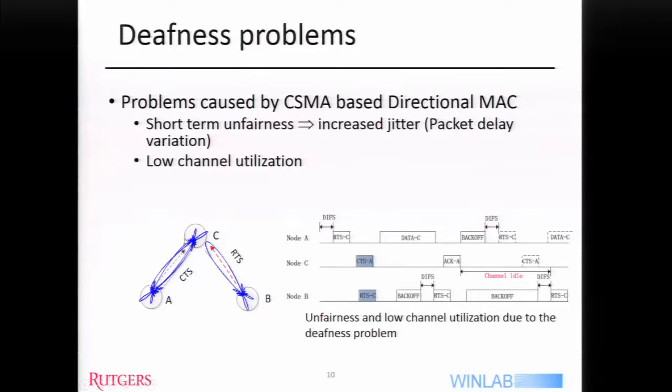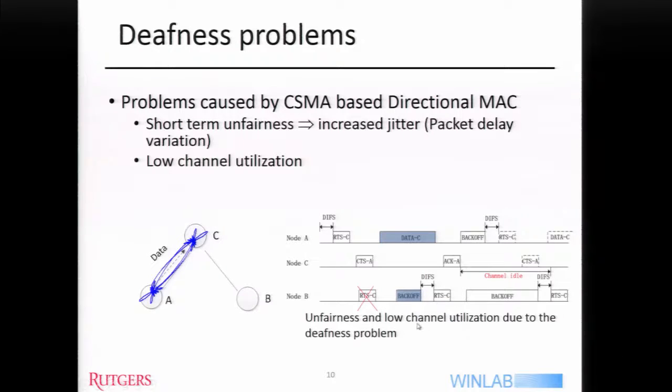But because node C is pointed to node A, it cannot be aware of that communication. So this packet will finally be dropped. And then node B will start a backoff process. This backoff will be smaller because it is the first backoff.